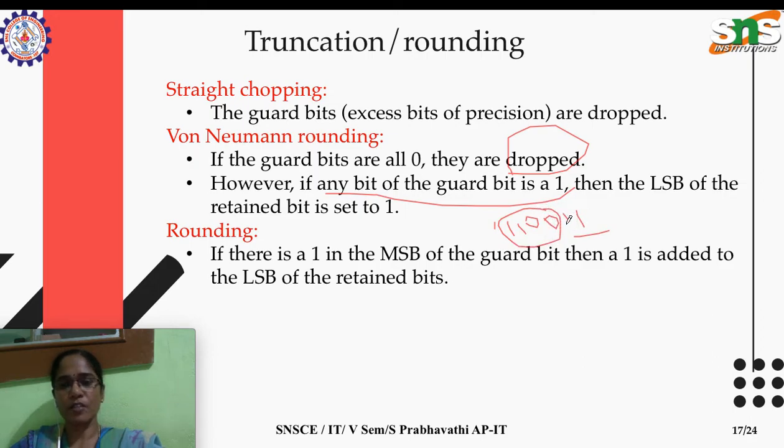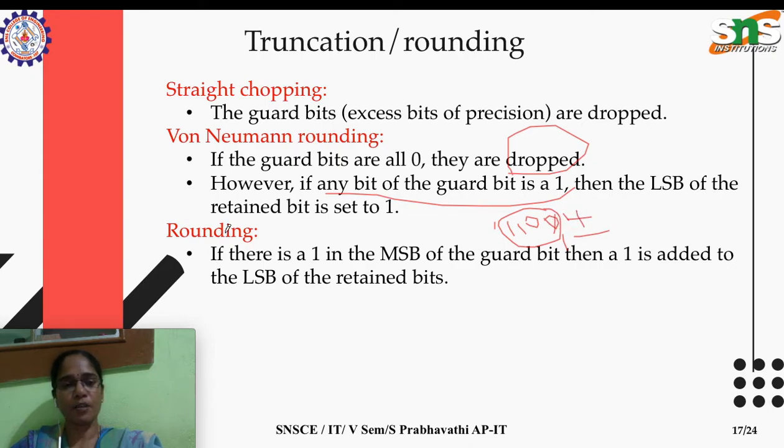This needs to be chopped off using straight chopping, whereas in von Neumann, if any of the extra bits is 1, it will be chopped off, but instead of this 0 I will be storing 1. So that's the concept in von Neumann round off. If any of the guard bits is 1, the LSB of the result will retain that 1.